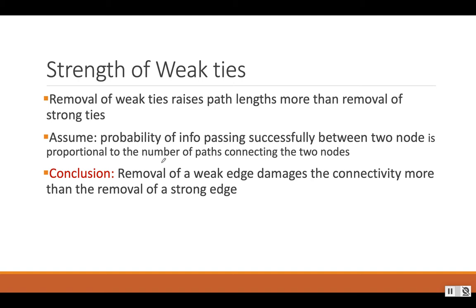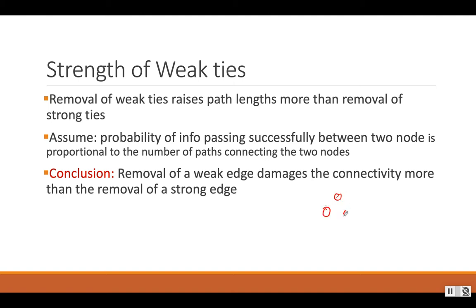Now we are saying that this tie is weak, but also that a tie is strong. What it means is that, from the perspective of information flow, a weak tie possesses some strength. The removal of weak ties raises path lengths more than the removal of strong ties. Think about that.